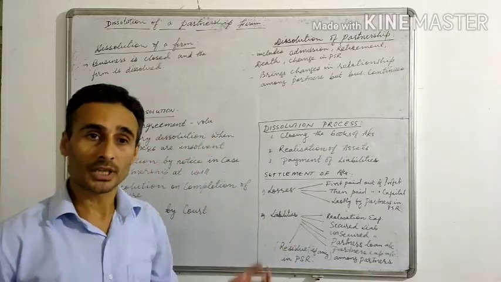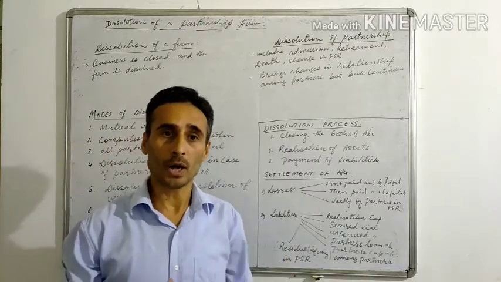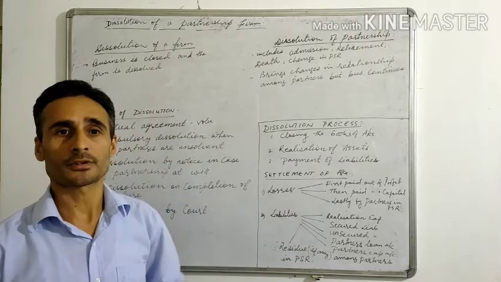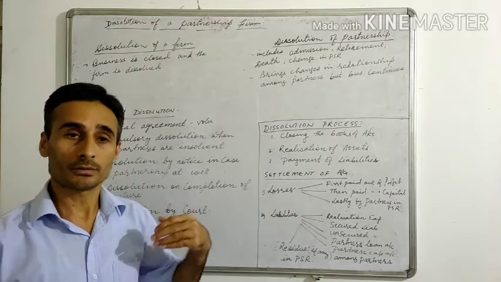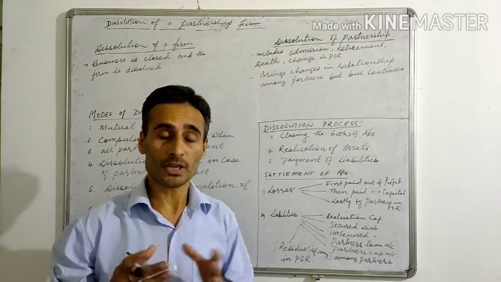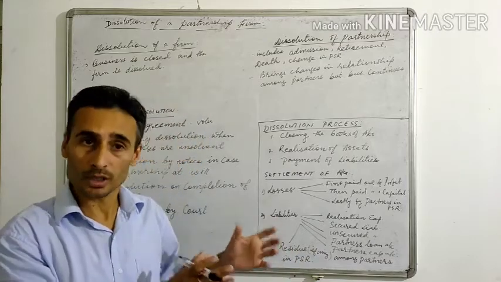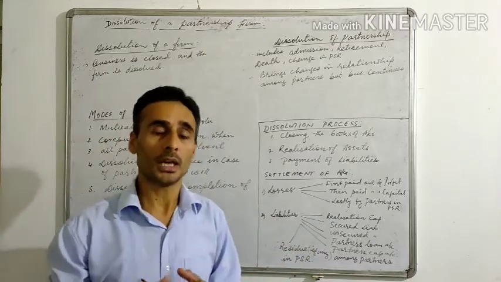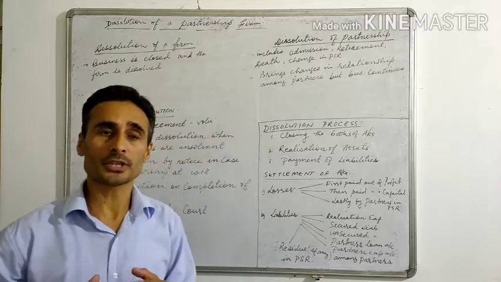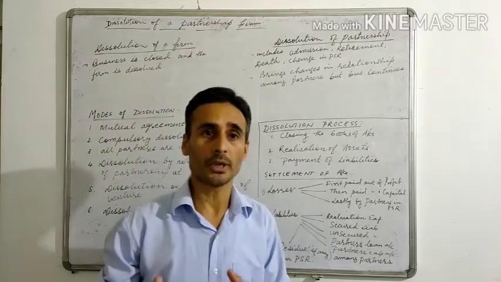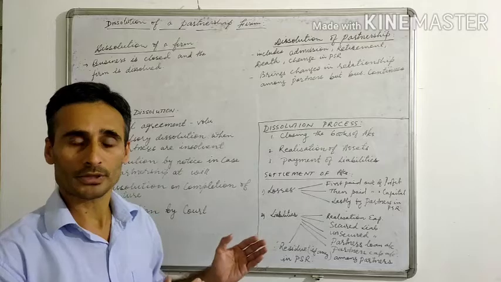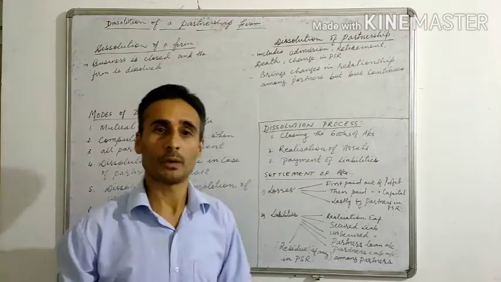The partnership deed among the old partners comes to an end. The partnership relationship among all the old partners comes to an end, and a new relationship with a new agreement starts, in case of admission and also in case of retirement.